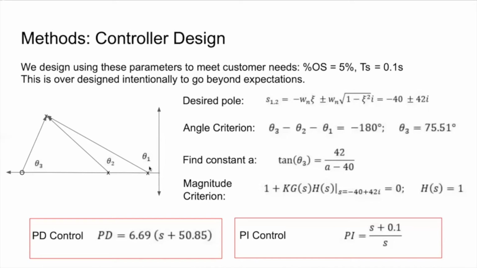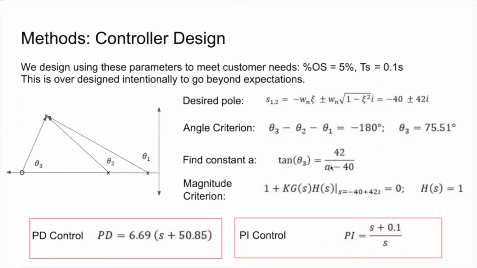Using this diagram, we can then find the angles θ1, θ2, θ3, and set all of those equal to -180 degrees, solving for θ3 and getting an angle of 75.151 degrees.